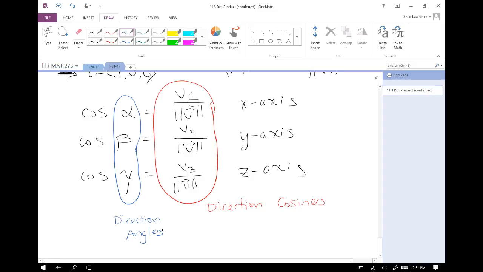And these are just the exact same thing as our unit vector components. So it's just another way to describe the position of a vector in space.